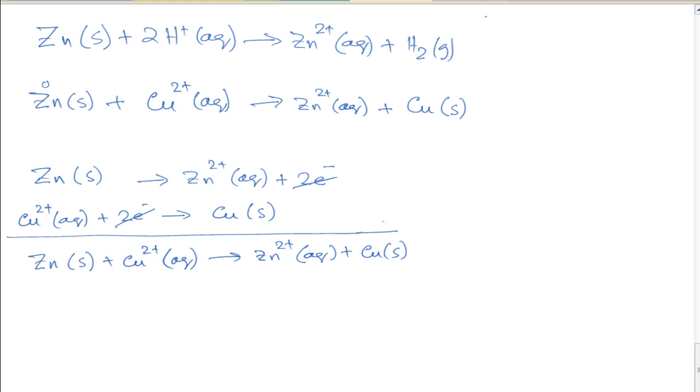One is the oxidation reaction, we call it the oxidation half, and another is the reduction half. One of them is losing electrons and another of them is gaining electrons. So this is what we are writing on a piece of paper.